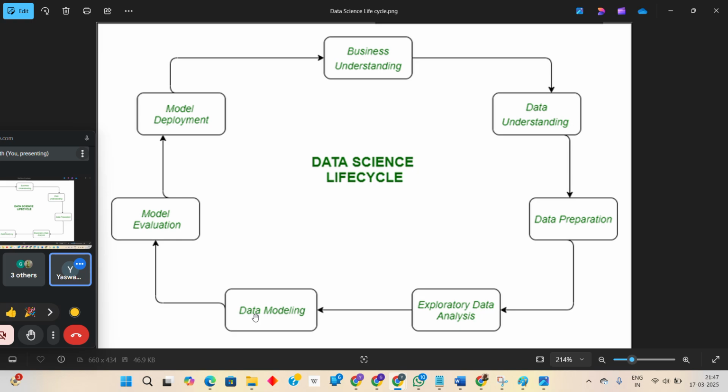Earlier I worked on data modeling. I worked more on data modeling, but I also got some opportunity to work on data preparation according to my modeling. My manager said, okay, you can do it because the team is working on other things.